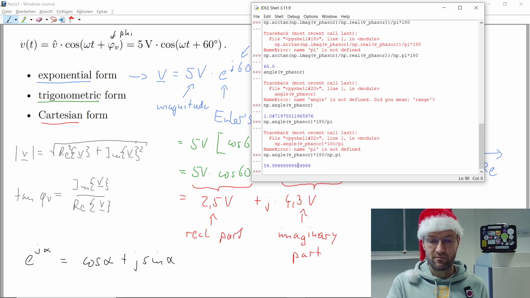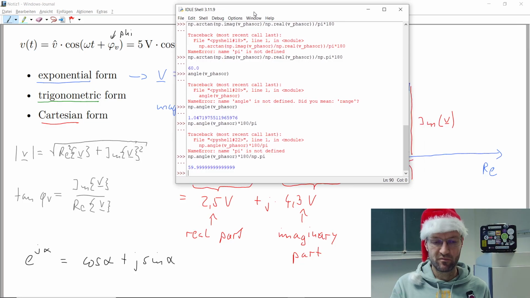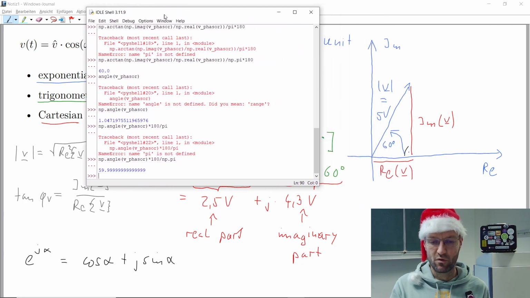Okay, there it is. You can see a slightly different function, different rounding errors. We don't get exactly back to 60, but to 59.999. But this somehow works, so we have done the conversion back and forth.